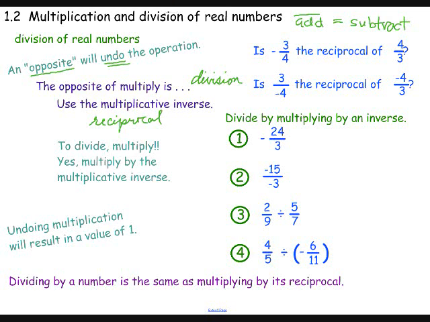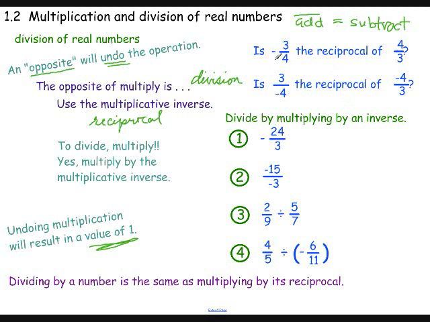It definitely has its advantages to do that too. So you can change any division by multiplying by the multiplicative inverse or the reciprocal. Any time that you undo multiplication, you will get back to 1. So if you think you're undoing the operation and you don't get a result of 1, you haven't undone the multiplication.